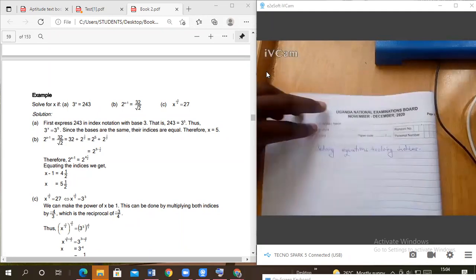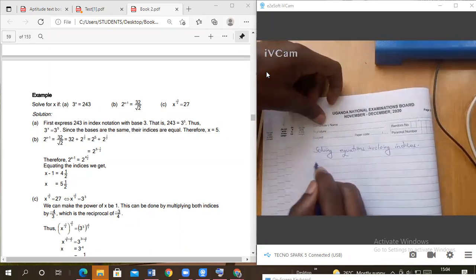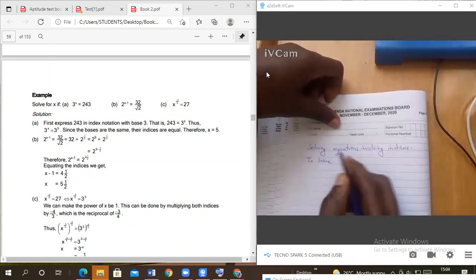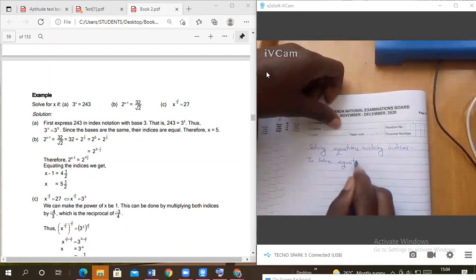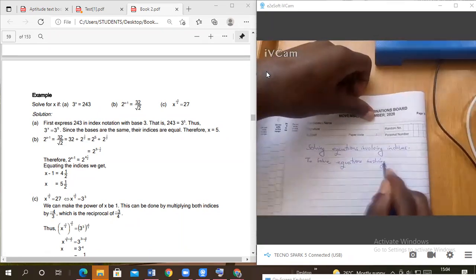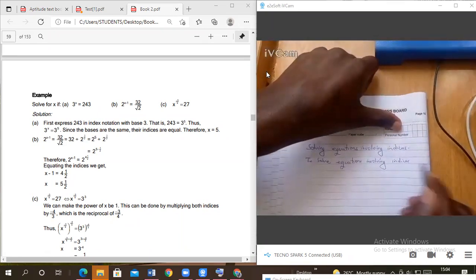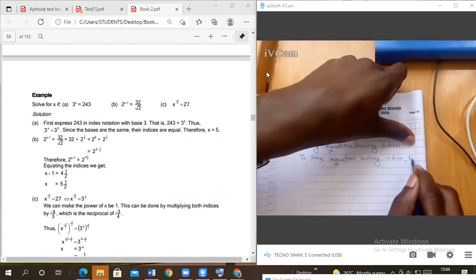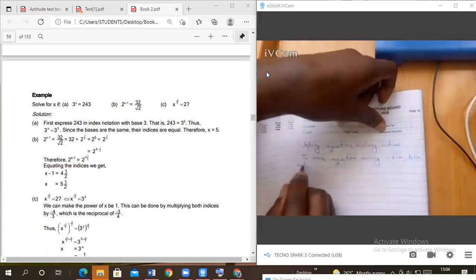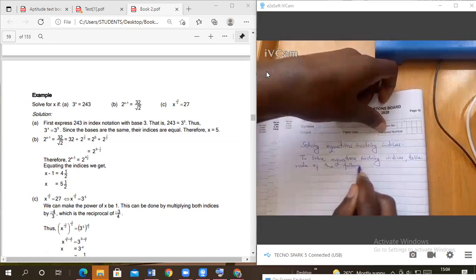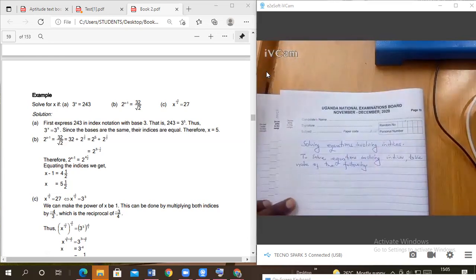Yes. Write down this: to solve equations involving indices, take note of the following.